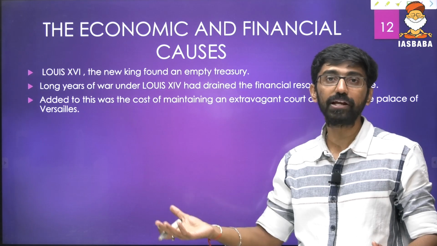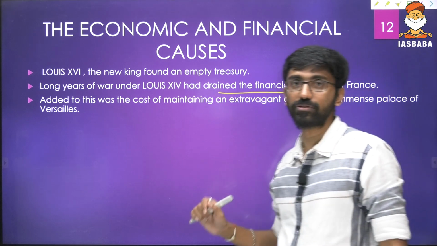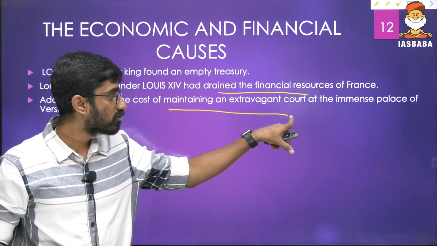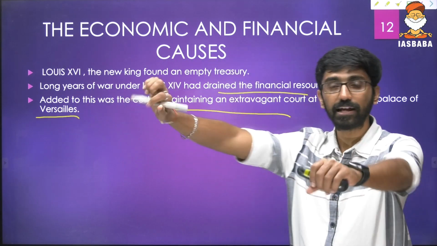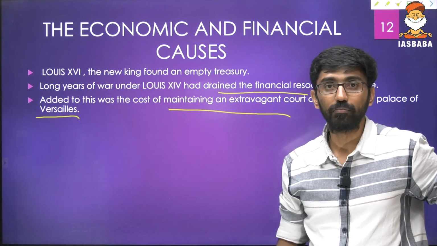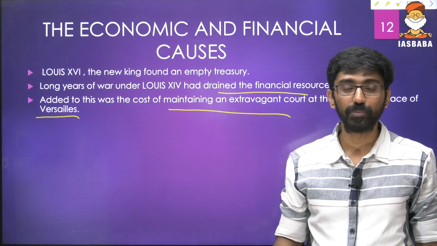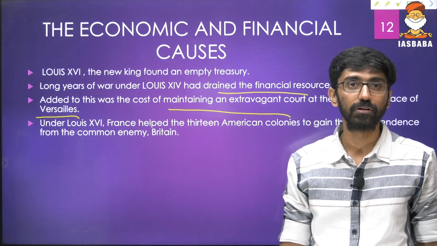And when they were engaging in many wars, that led to financial distress, that led to draining of financial resources. And more importantly, I told you they were living an extravagant, luxurious life. They had to maintain this palace, and the expenses went up, a massive expenditure we can talk about. I can't quantify it exactly, but it is very huge.